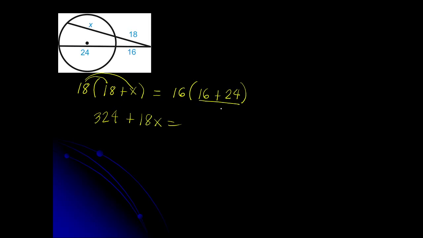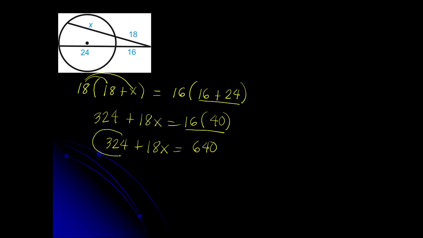Then multiply: 16 times 16 plus 24. What is 16 plus 24? 40. Okay, multiply 16 and 40. 640. Transpose this, it becomes minus 324.